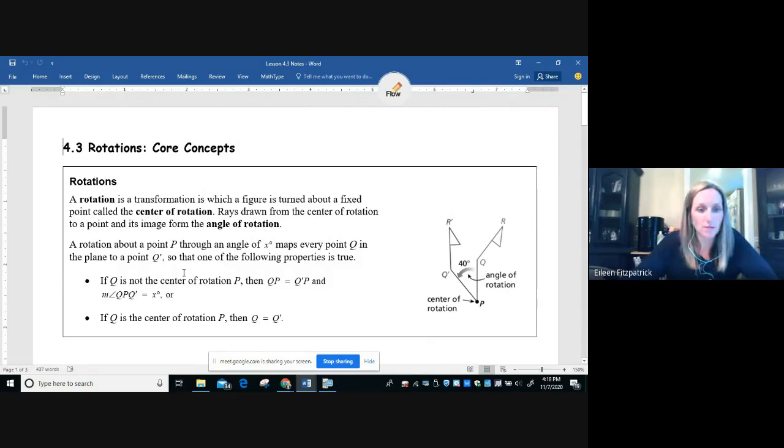If Q is not the center of rotation P, then PQ is equal to P prime Q. So again, the distance from Q to P and Q prime to P stays the same. And the measure of angle QPQ prime is equal to X degrees. That's just saying that the angle formed right here is going to equal whatever the angle of rotation is for the problem.